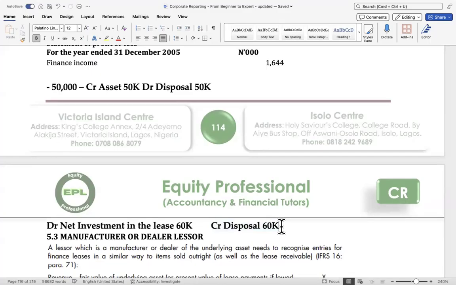And of course, when you derecognize an asset, if you are getting nothing, that means the entire 50,000 is going to be a loss. Eventually, you close this 50K to P&L as a loss on sale. So if you have received something, this guy was lucky to have received 60K for an asset worth 50K. That's a gain. You take that gain to P&L. So everything balances out. No issue. There's no fluke. Everything has a process.